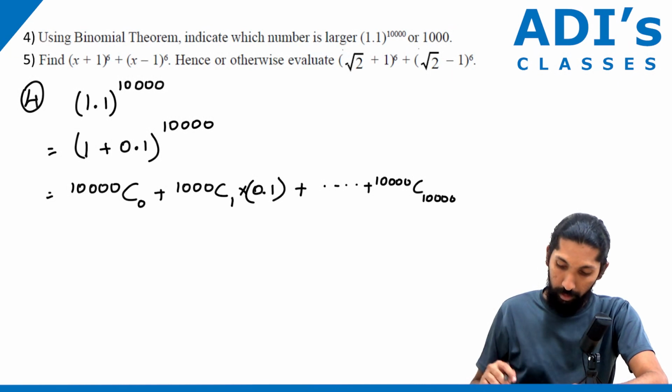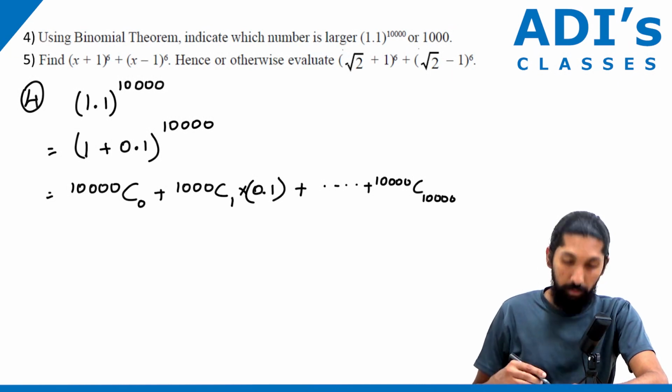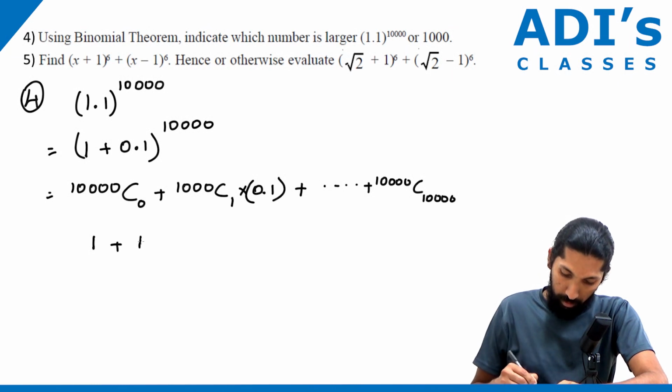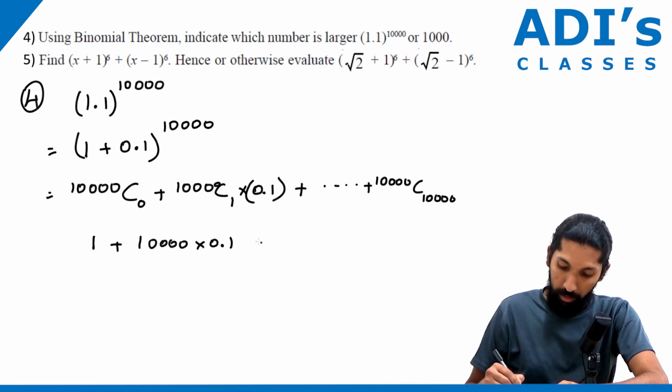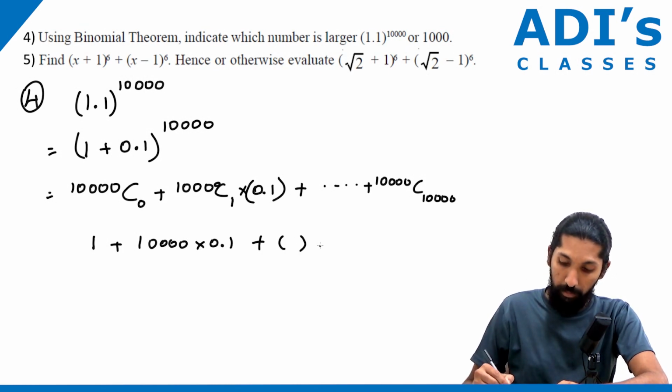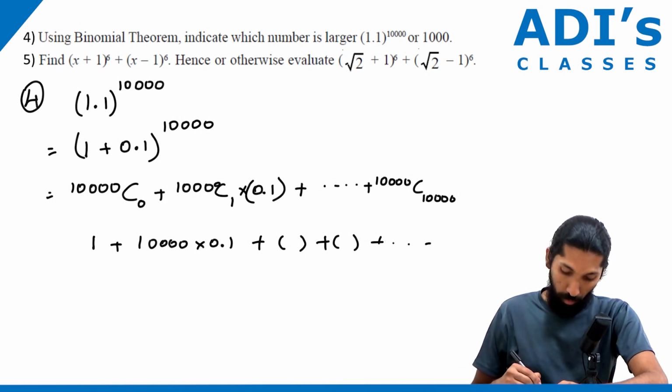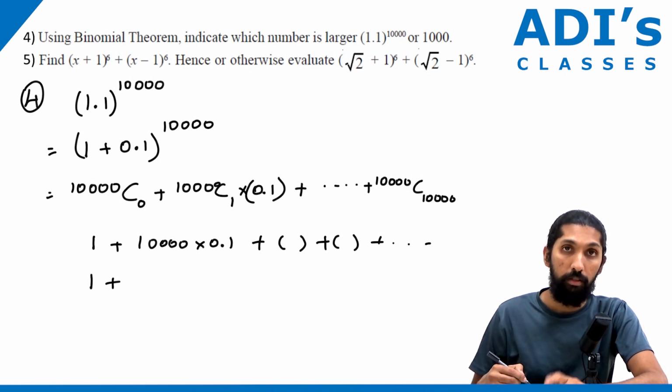Now what is 10,000 c naught? 1, plus 10,000 into 0.1 plus some term, so on and so forth. So you have 1 plus, what is 10,000 into 0.1? 1,000.